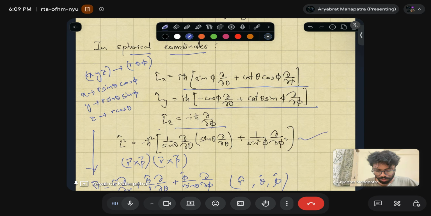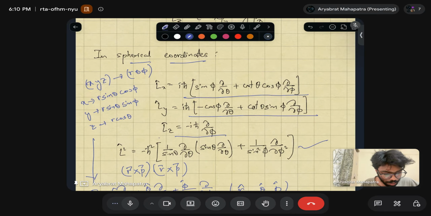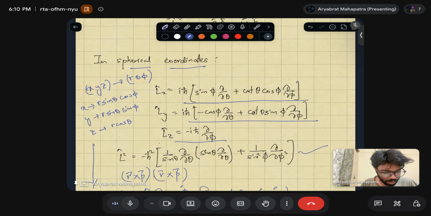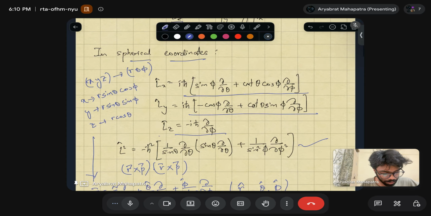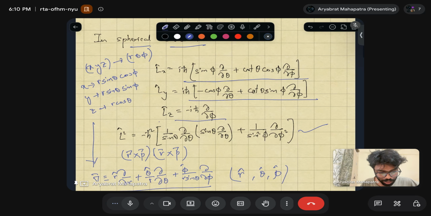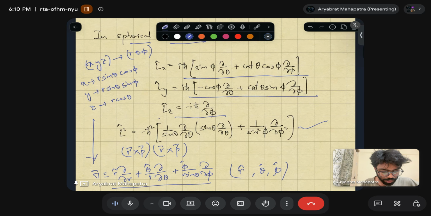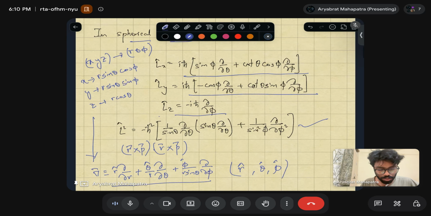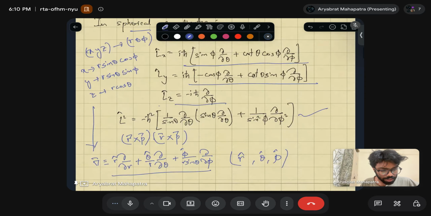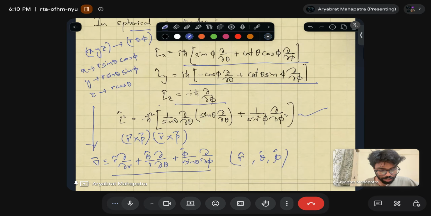So the Lx, Ly, Lz, or the L square, in terms of r, theta, phi, may seem like a very complicated looking operator, but it becomes very important when you use them in quantum systems which have spherical symmetry. It becomes very easy, and the results you get from there will be very easy to understand and interpret. We'll see ahead how this can be useful.